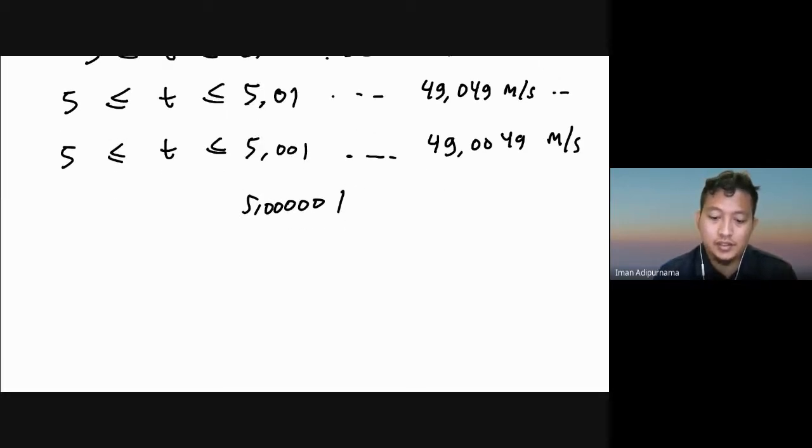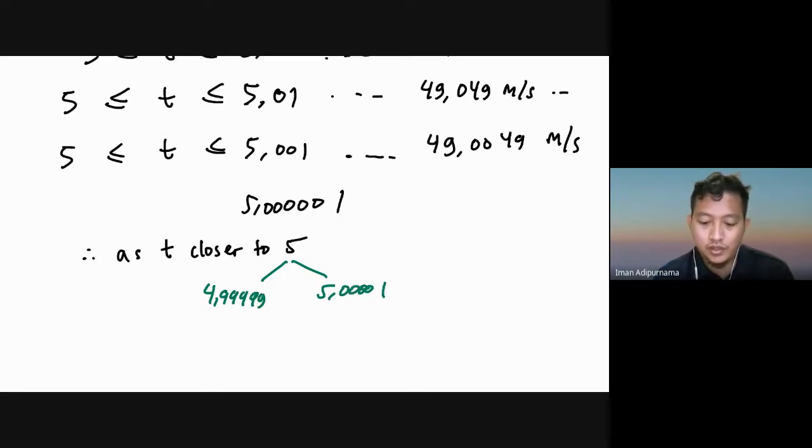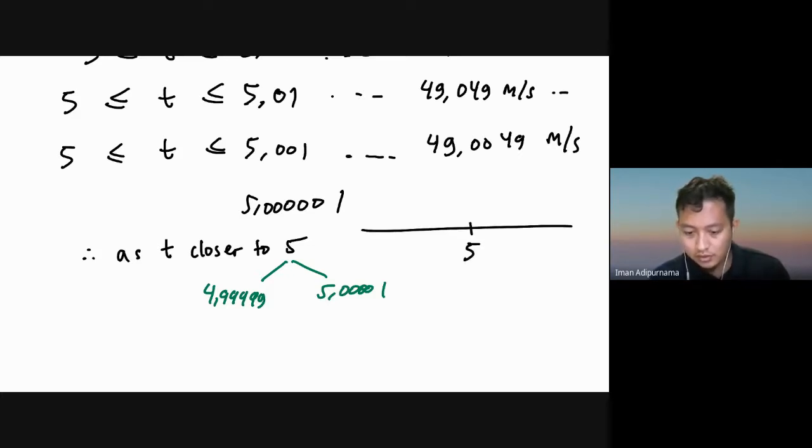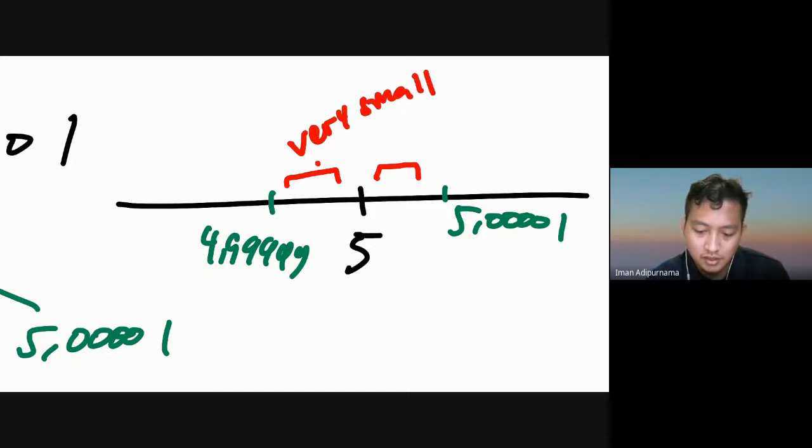In conclusion, as the time gets closer to 5, you can also check 4.9 if you want. So if this is 4.99999 or 5.000001, that is the one that is closer. Imagine this, let me write here, very small.